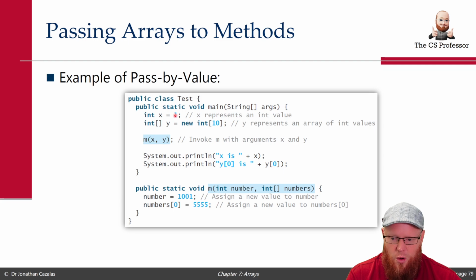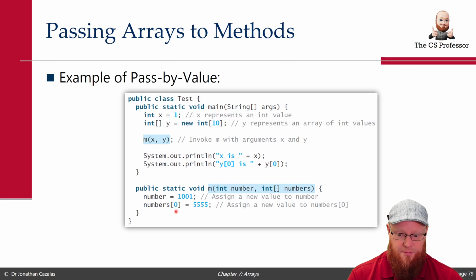So the value 1 saved in x comes right over here to number. Now, what is being sent over to method m for this variable y? Well, remember, y is an address. So we're sending over the address of that array of size 10 integers, and we're saving that address into this variable numbers.